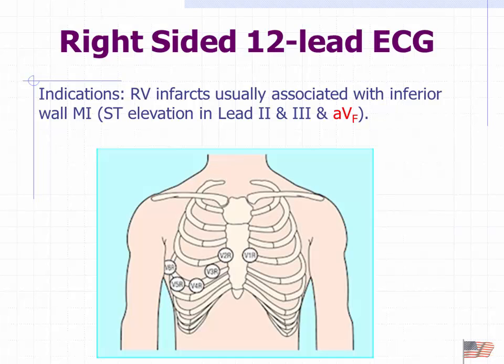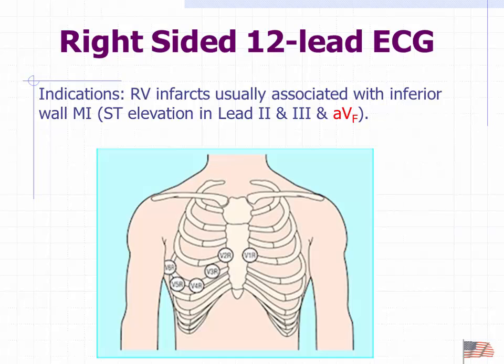The inferior wall is typically fed by the right coronary artery. Okay? The coronary artery also feeds two structures, the right ventricle and the conduction system, the SA node, the AV node.